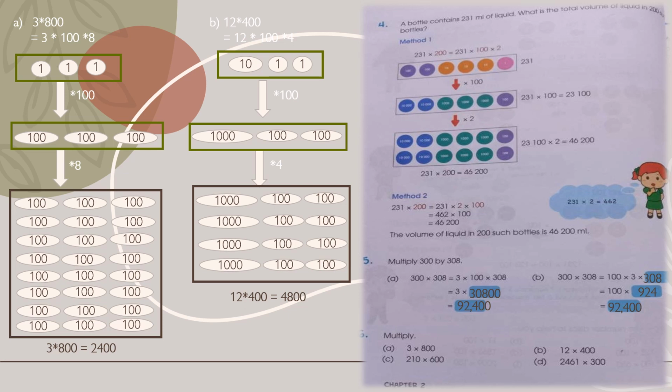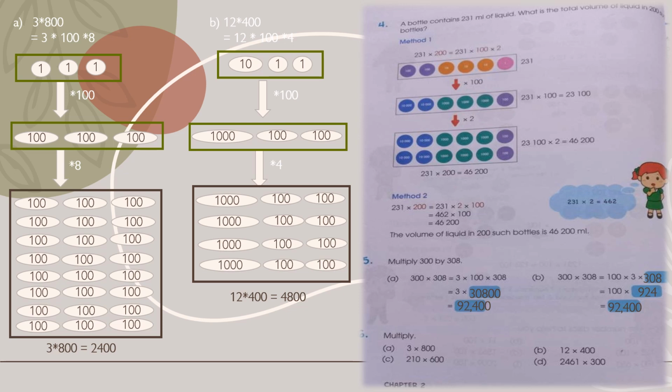2400. In part B, we have to multiply 12 with 400. First we break up 400 into 100 into 4 and then we start our operation.